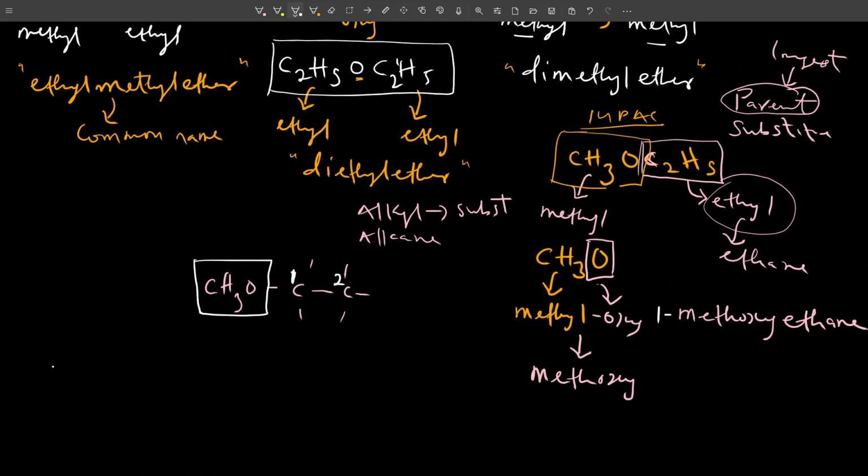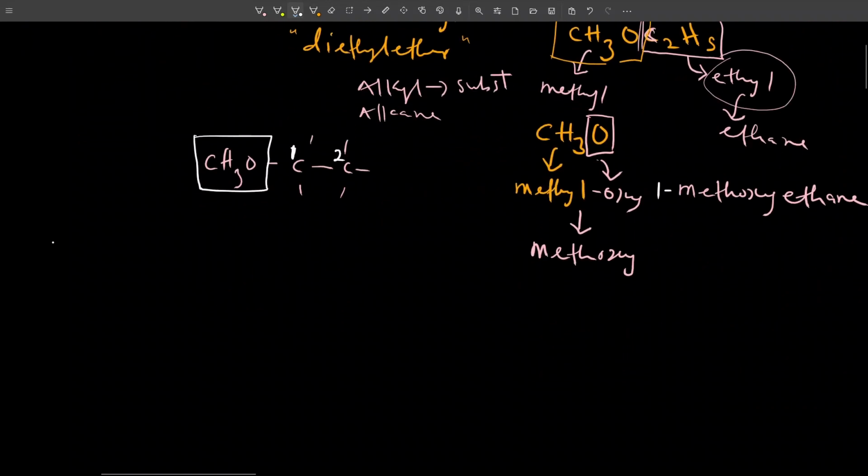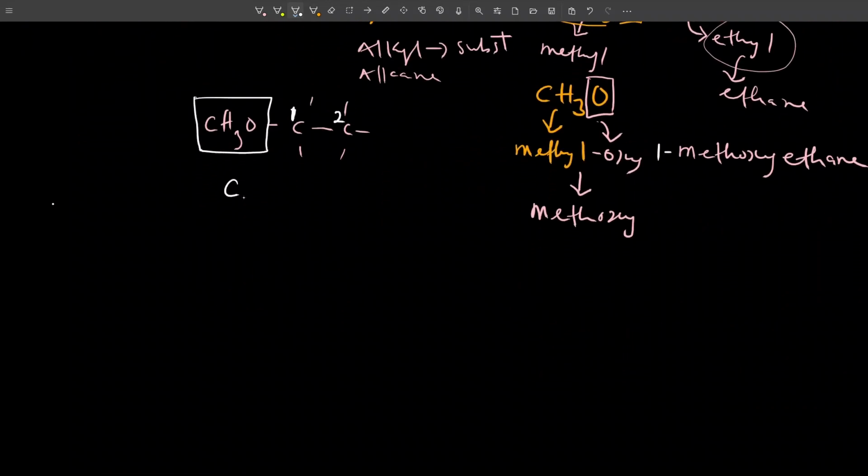Take a look at this one, which we called dimethyl or diethyl ether. So let's see the IUPAC name, C2H5OC2H5. Okay, so how do you name this now? In IUPAC nomenclature, the first thing to do is to identify the parent chain, and don't forget the parent chain is the longest carbon chain from the oxy group.